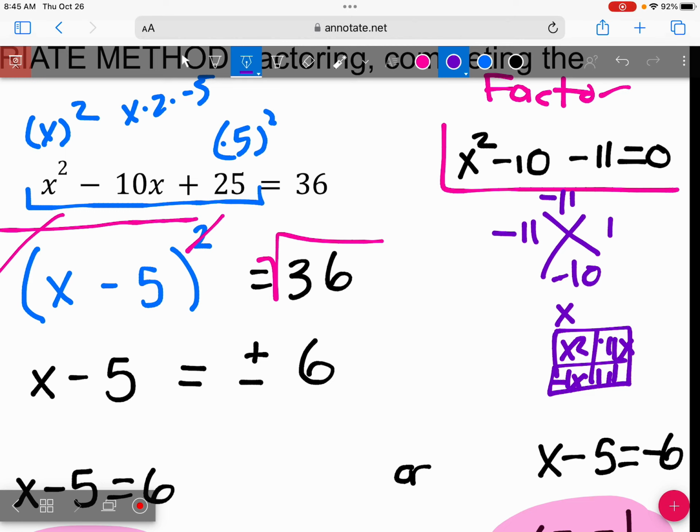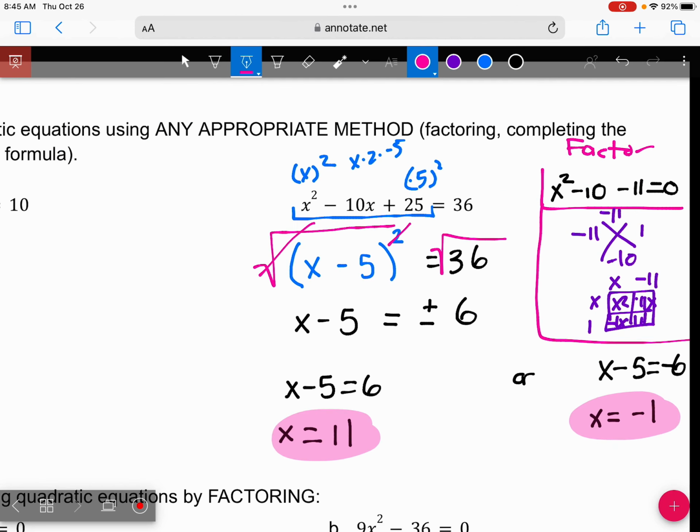I'm out of like pixels here. But we'll get the exact same factors. So you get the same answer no matter which way you do it. This is the same thing, a different method. But you'll get the same answers. Okay? So you don't have to solve it this way.